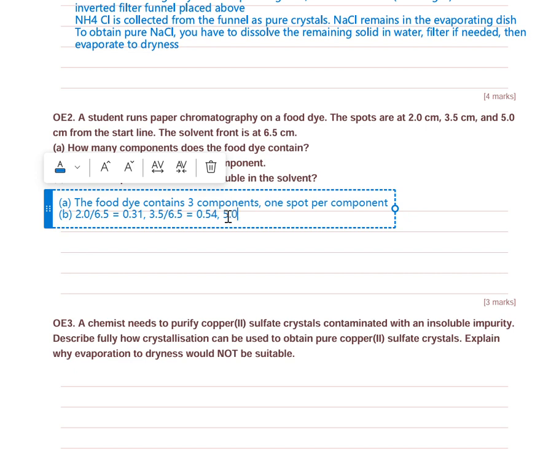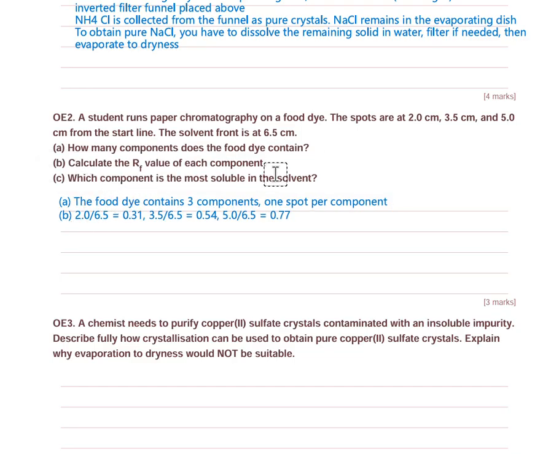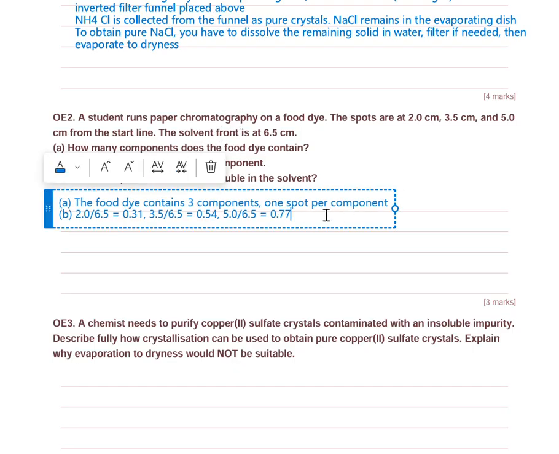Then the next one will be 5.0 divided by 6.5, which equals 0.77. So we're dividing everything by 6.5 because the solvent front is 6.5, and the Rf value is the distance over the solvent front, okay? So these will be our 3 answers.